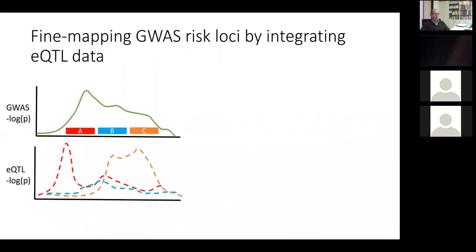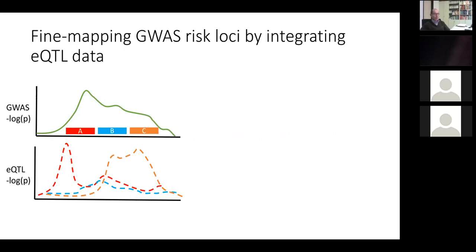Well, one example is fine mapping GWAS risk loci. So here I have a cartoon of the GWAS association peaks at 3 genes, A, B, and C. And in addition, I've drawn out the corresponding eQTL measurements for these genes in some tissue of interest. To be clear, the y-axis on top represents the strength of association between genotype and phenotype, while on the bottom, the y-axis represents the strength of association between genotype and expression levels for these 3 genes.